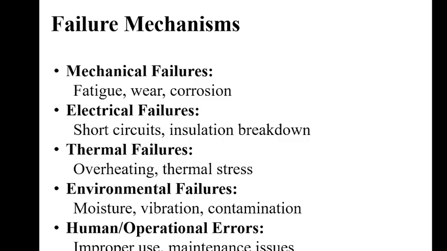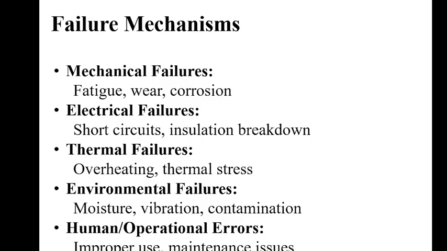So what are failure mechanisms? Failure mechanisms describe the underlying physical, chemical, and/or operational causes that lead to system breakdowns. This can vary depending on the type of system and its operating conditions. Mechanical failures such as wear and corrosion occur due to repeated stress or material degradation over time.